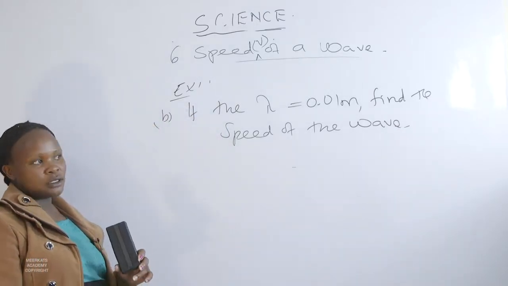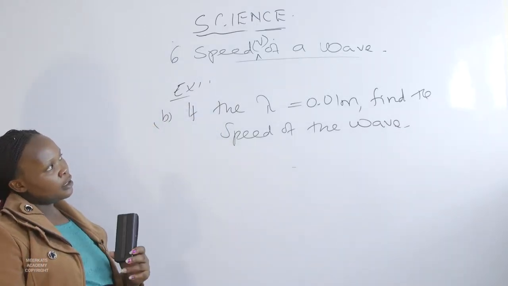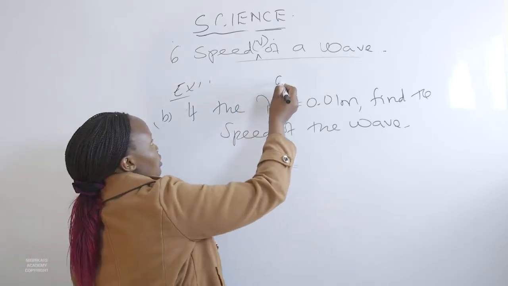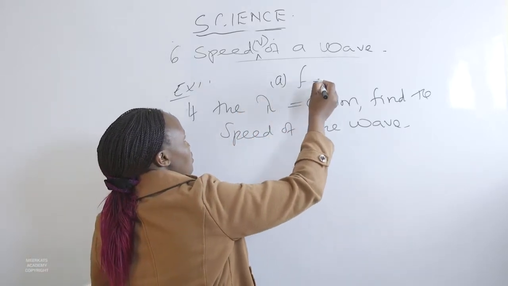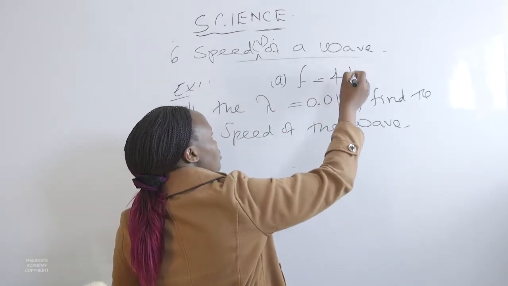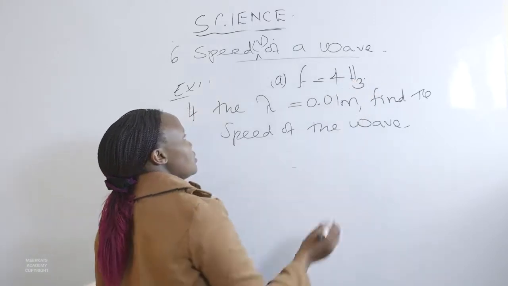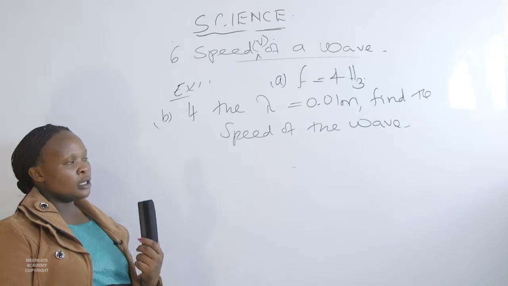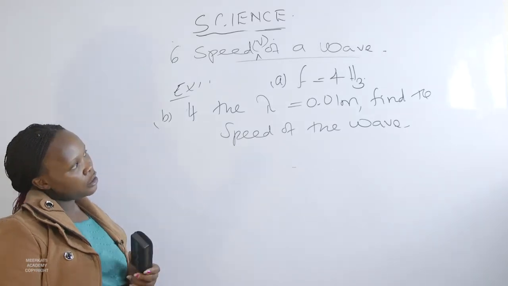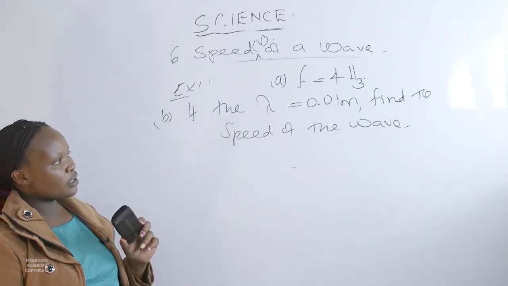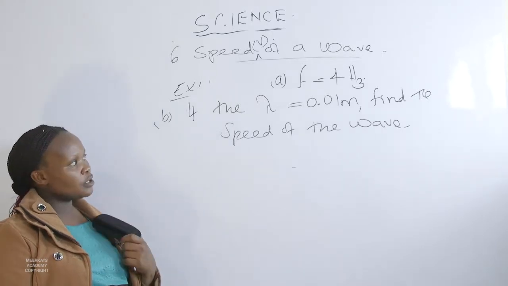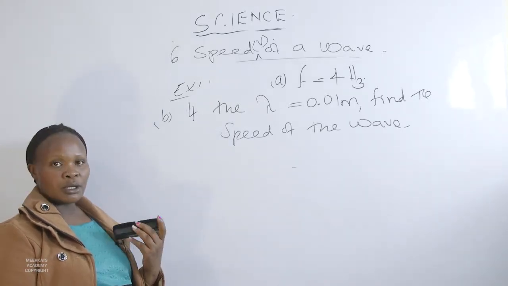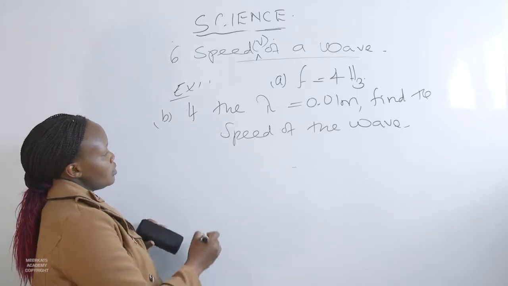If the wavelength is 0.01, now from part A, we found our frequency to be equal to 4 hertz. Now the question further gives us more information that the wavelength is 0.01. So we are required now to get the speed.